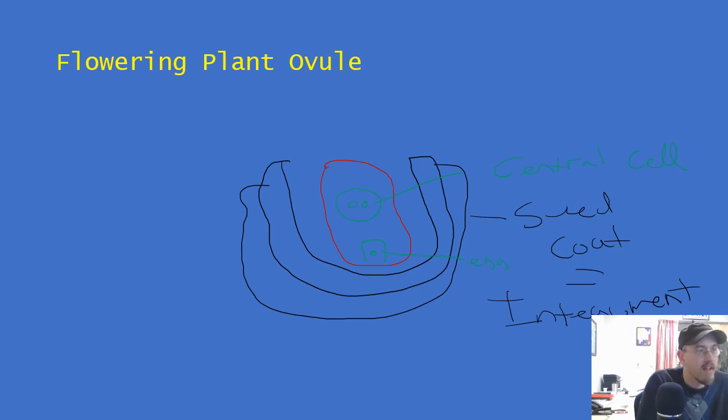So a pollen grain lands up here on the top of the flower. We'll talk about that later. And the pollen tube grows down here, okay? Two sperm are released. One of them is going to fertilize this central cell, and one of them is going to fertilize this egg. So we have a new thing that we didn't see in conifers called double fertilization. This is only found in flowering plants.